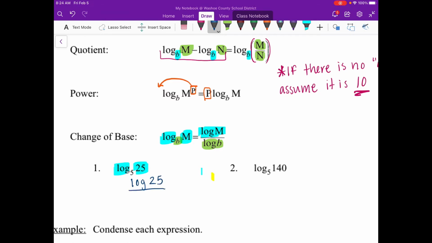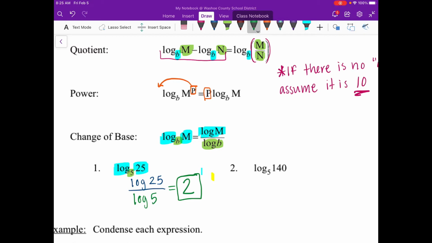Log 25 over, and then in my denominator, it's going to be log of that base number, so log of 5. You should be able to use your calculator here. Look for log on your calculator. If you're using a TI-84, it's to the left of 7. And when you type that in, you get 2.